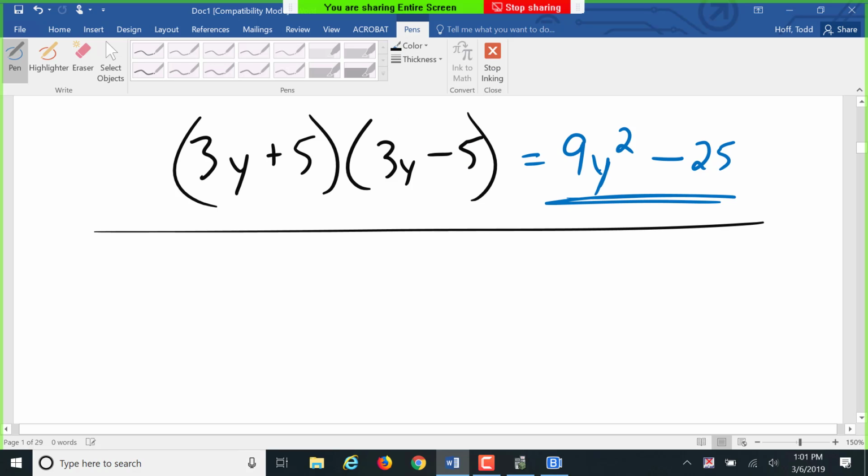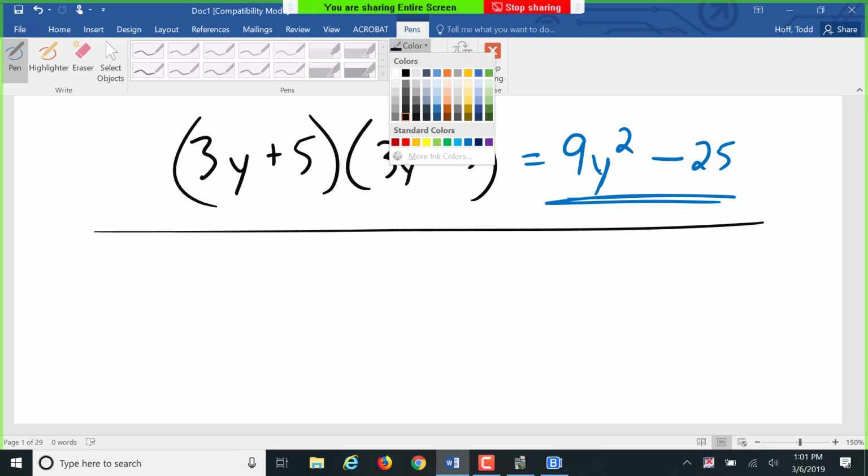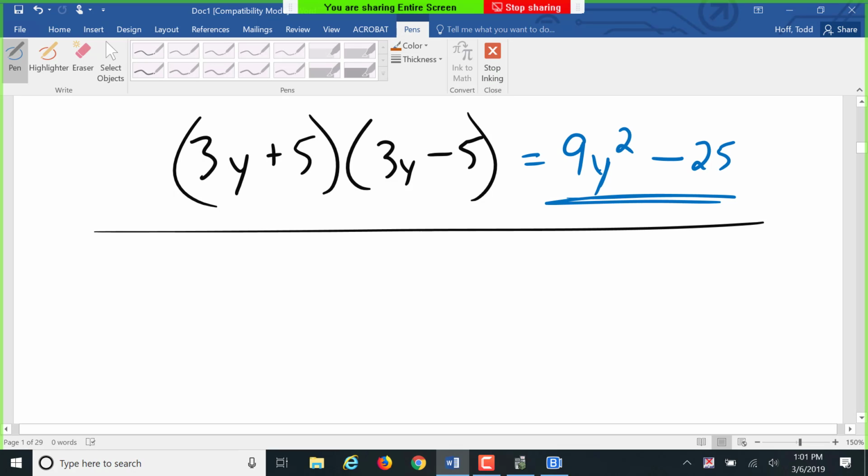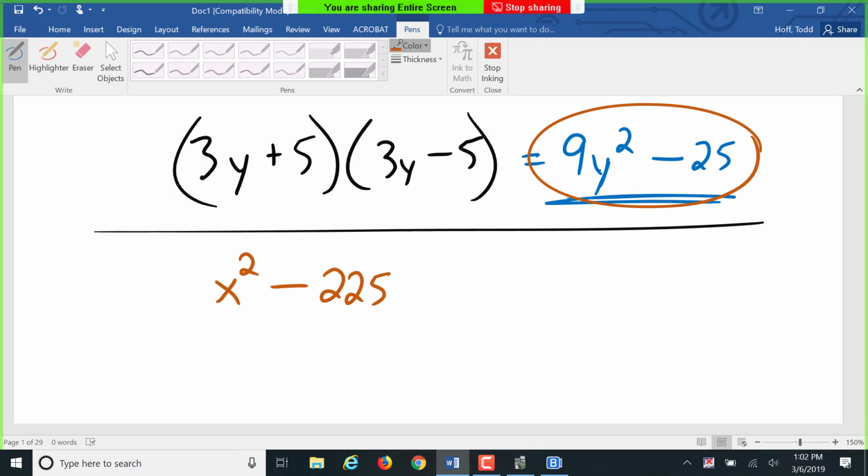So we need to be able to recognize how to go the other direction. And we need to first be able to look at something like this and identify that it is the difference of perfect squares. So if I have x squared minus 225.